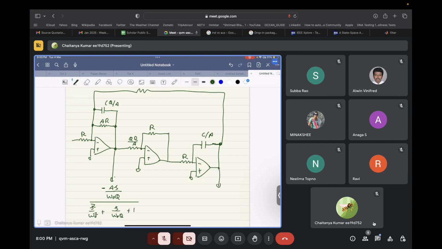And this node is minus A divided by S square by omega naught square plus S by omega naught Q plus 1.